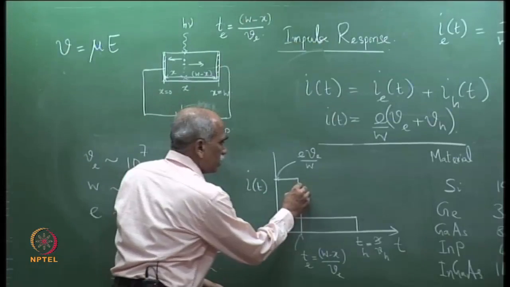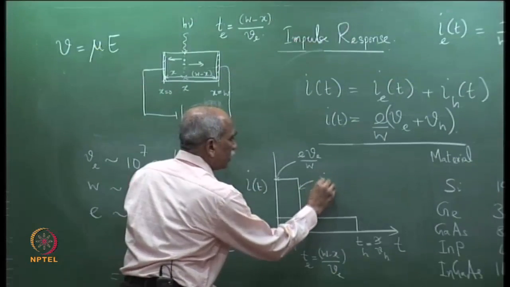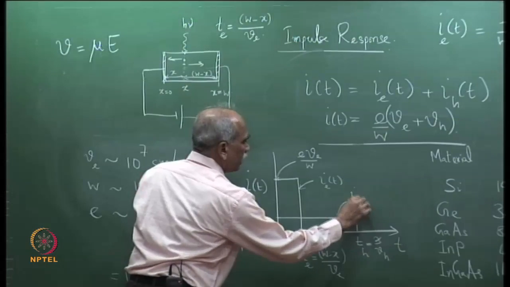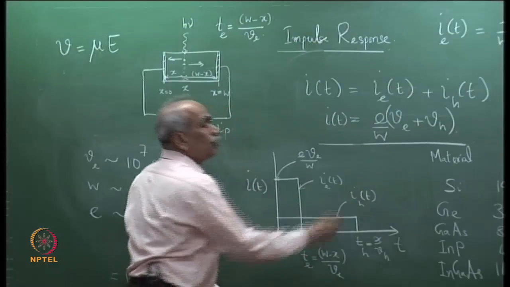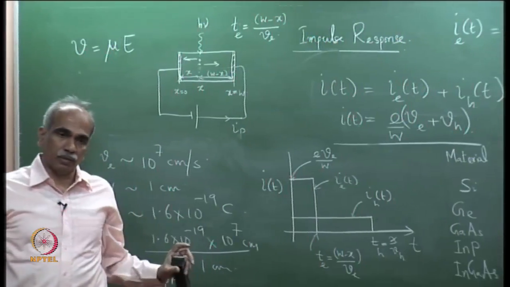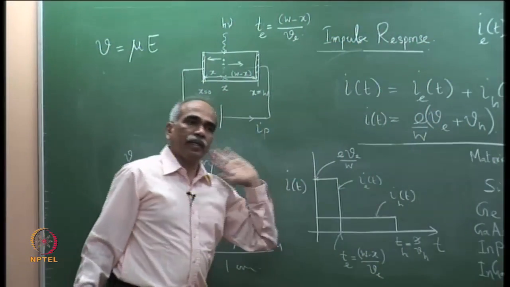This is plot of I e of t, and this is plot of I h of t, assuming that the carriers are moving with a constant average velocity till they are collected at the ends.